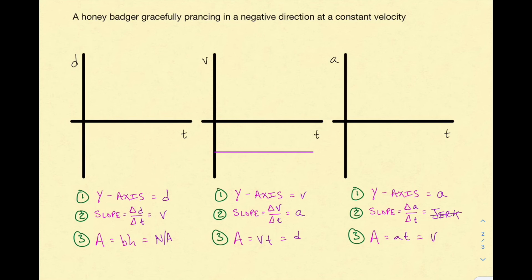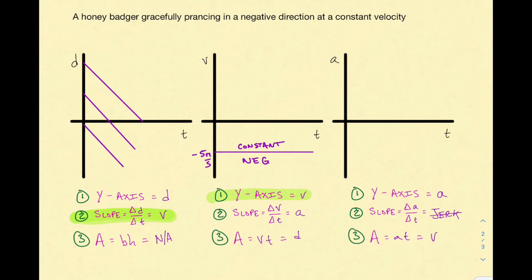Now, the next graph, where is velocity connected to that graph? Well, it's connected by the slope on a distance versus time graph. All right, so we describe the velocity on the velocity versus time graph, and then we are describing the slope on the distance versus time graph, okay? So the slope on the distance versus time graph must be constant and negative because the velocity is constant and negative, and here we have three options that show us a constant negative slope.